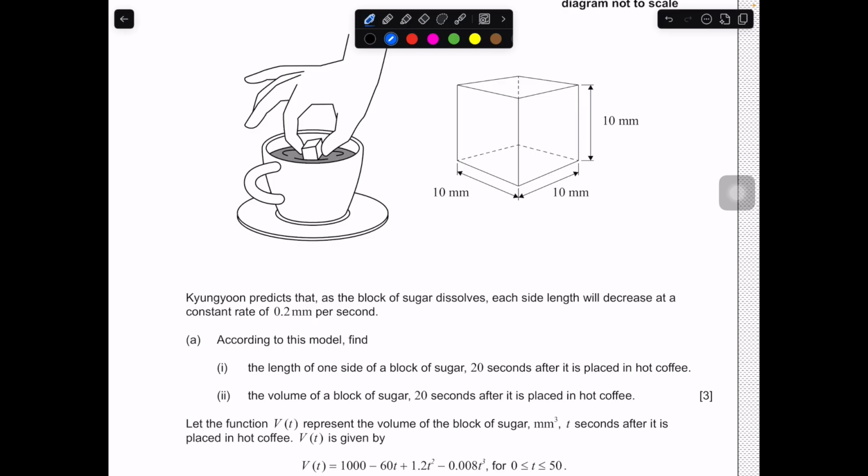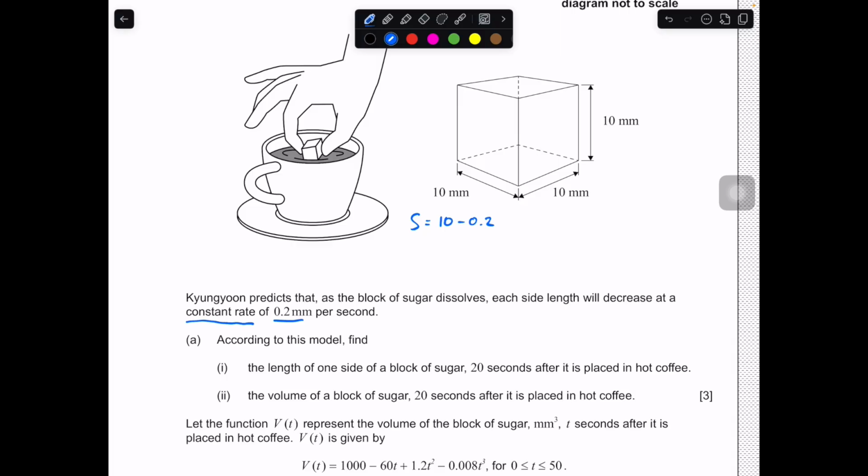Alright, so let's write out a little equation to work out part 1 of part A. So if we have this side length and it's equal to 10 millimeters, and it says we're losing 0.2 millimeters from this side length every single second, we could say 10 minus 0.2, and we're going to lose 0.2 in the first second, 0.2 in the second second, another 0.2 in the third second, and this is going to occur at a constant rate.